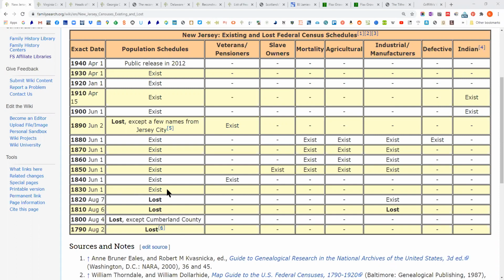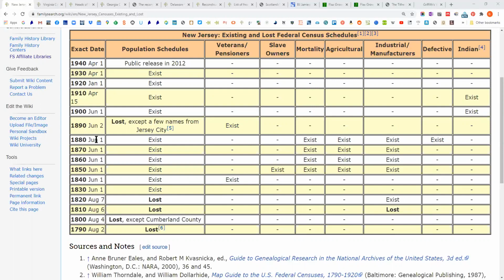And so the first existing New Jersey federal census is for 1830, although the industrial manufacturers exists for 1820. So what these census substitutes hope to do is fill in this slot here.